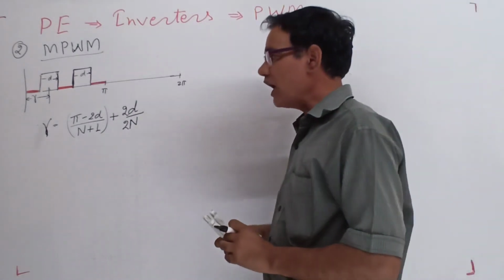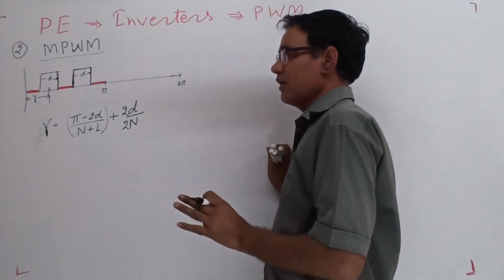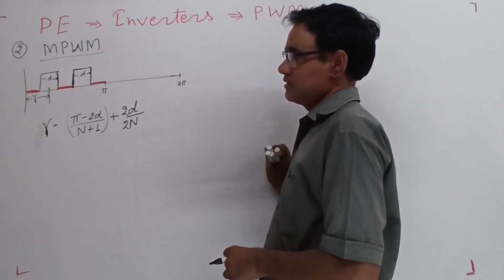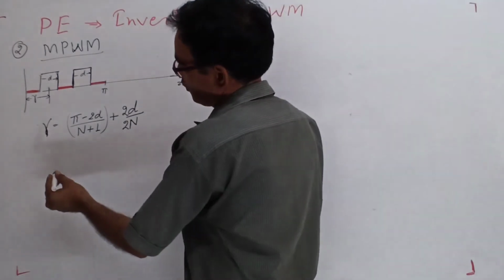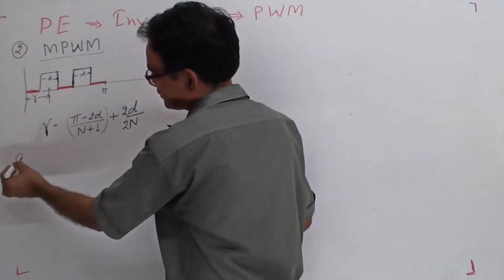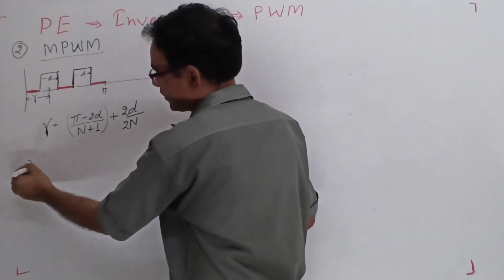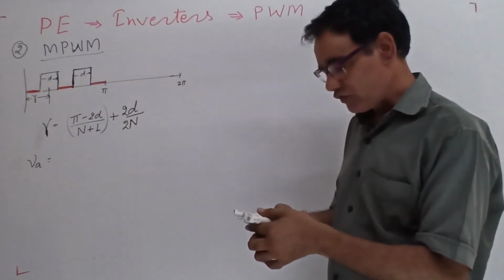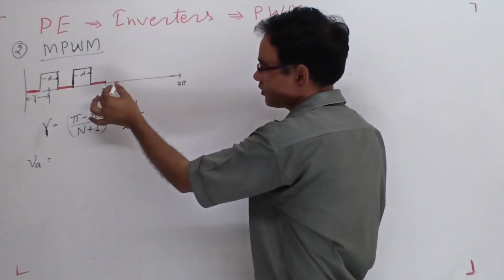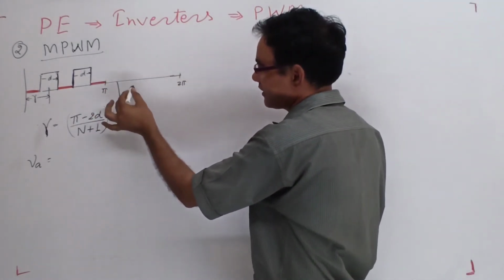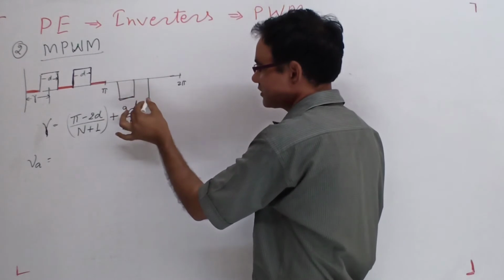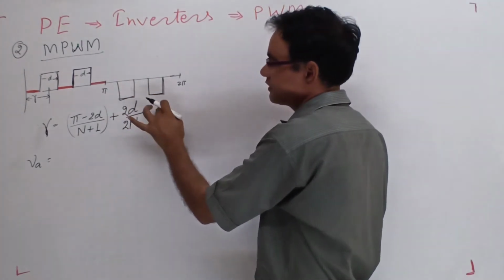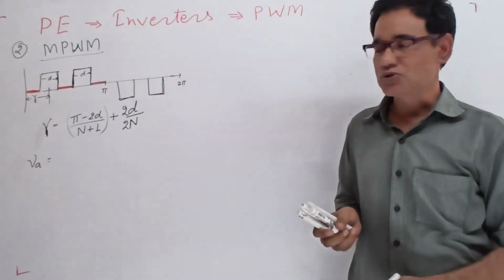Now, gamma is the angle. We know the output voltage is given by Fourier analysis, because the pulses in the positive interval and the negative interval are the same in number and width, symmetrical about positive and negative.